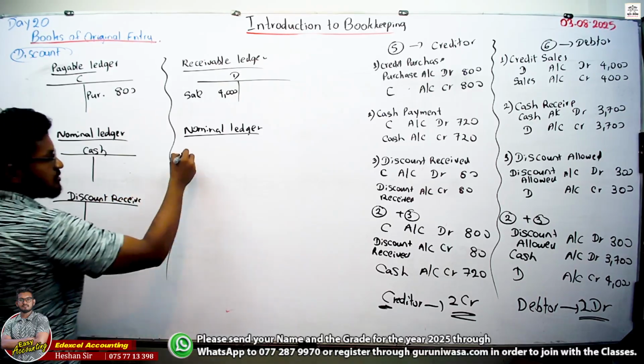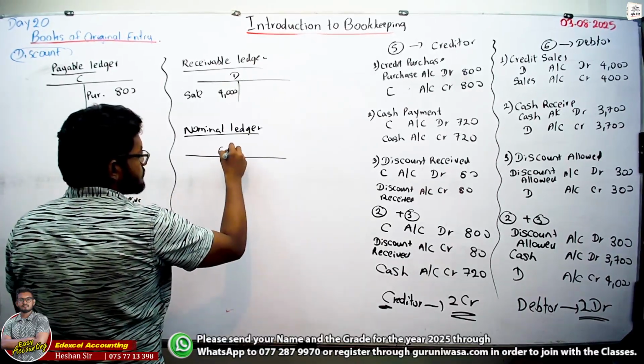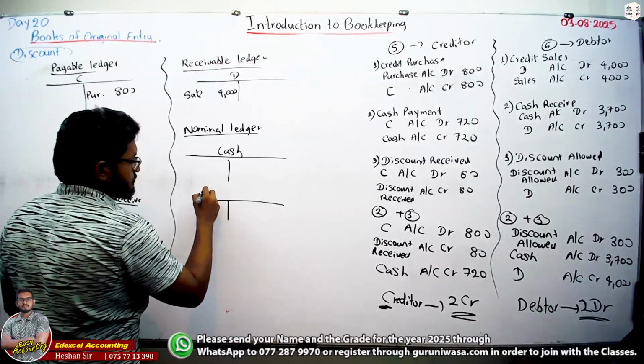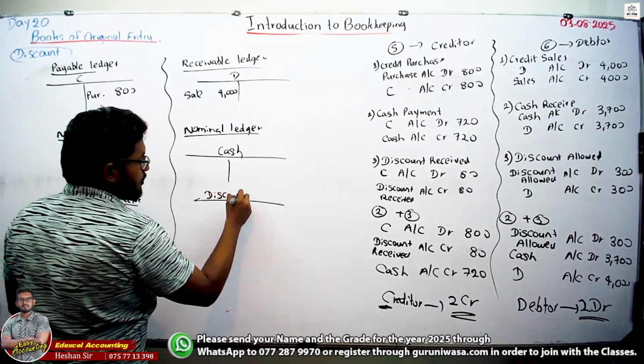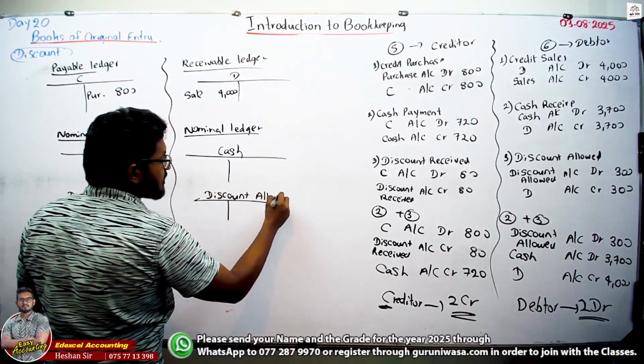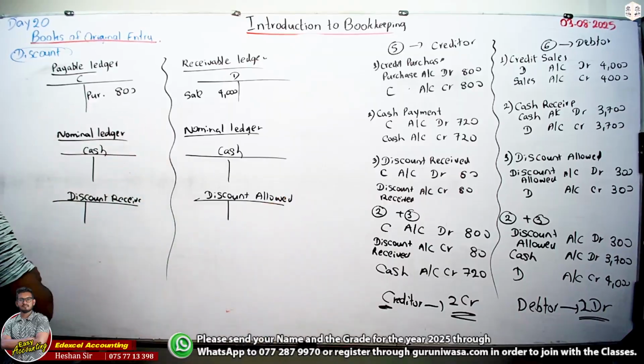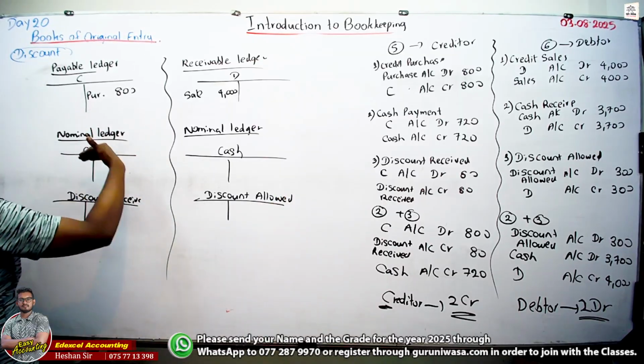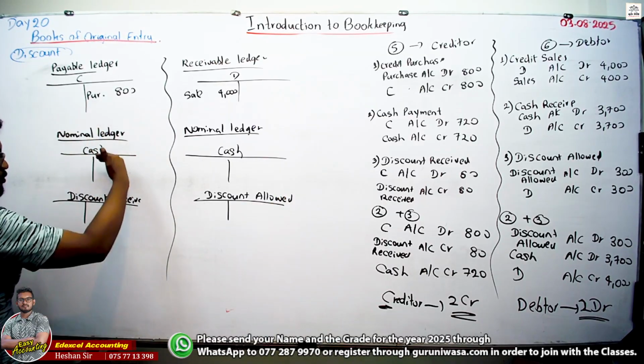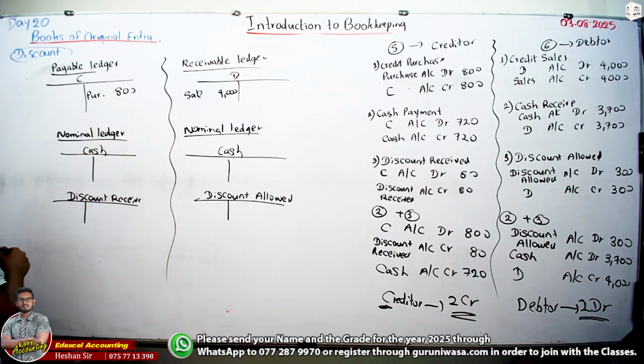Here, cash, discount. You know, in previous one, what I have done. So I debit here, credit here, debit here, credit here. Two credit entries and two debit entries were there.